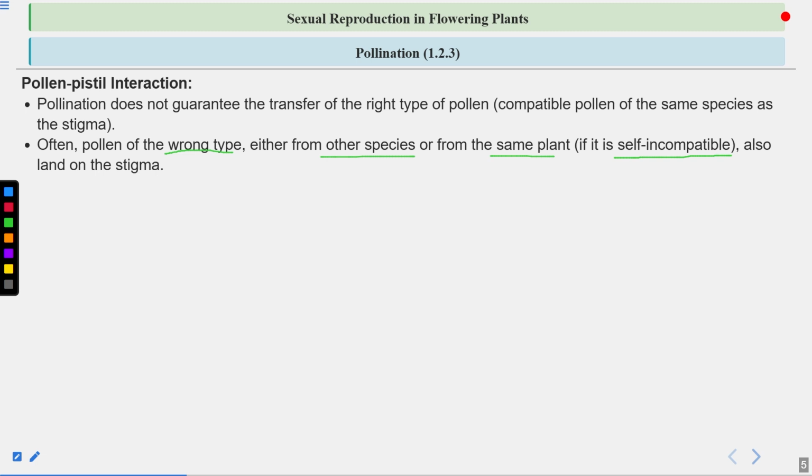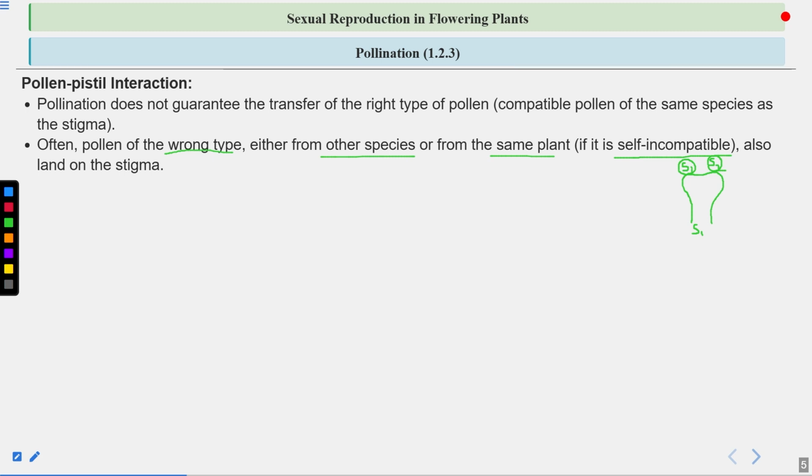So when it is self-incompatible, suppose there is a stigma. This is a stigma, and the stigma has a gene, say S1 type. And here one of the pollen has S1 type gene and another one has S2 type of gene.